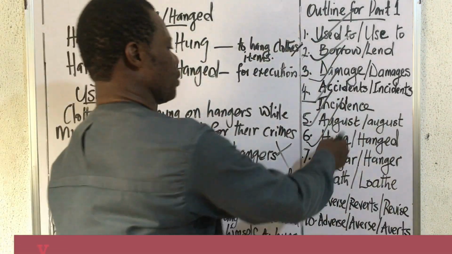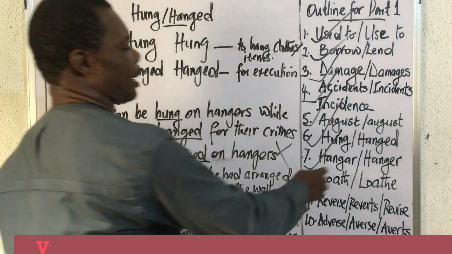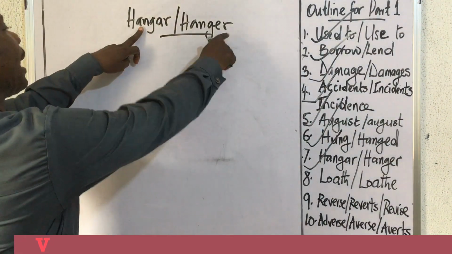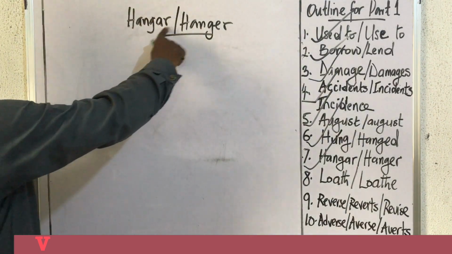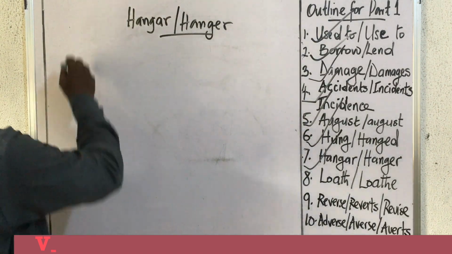So we move forward to the next pair, which is hangar and hanger. That is hangar spelled with A and hanger spelled with E. I think this pair is a little bit simple.